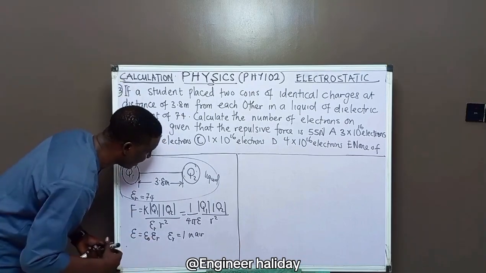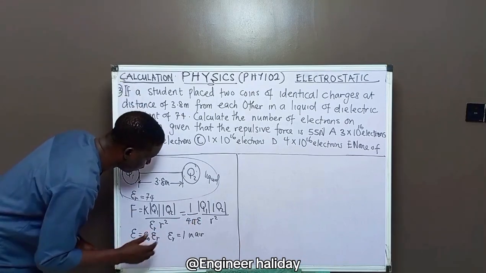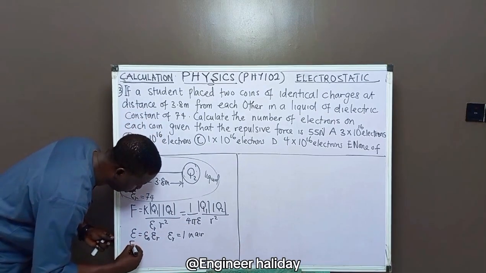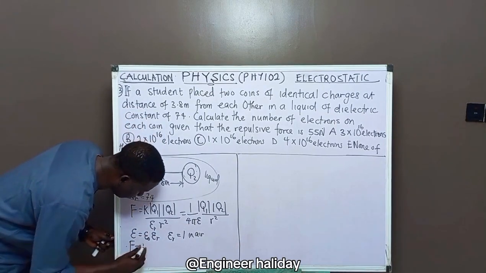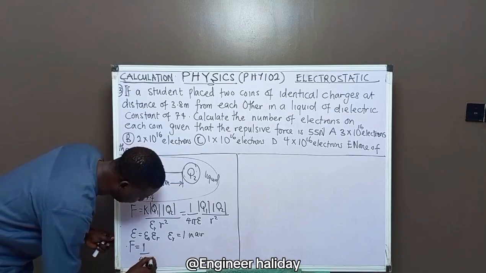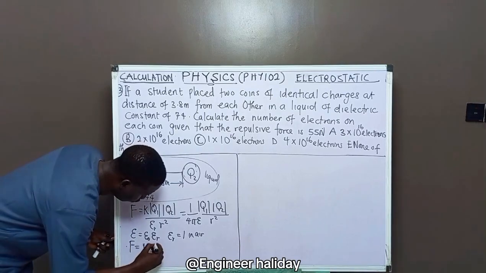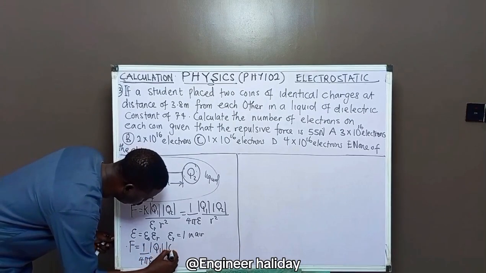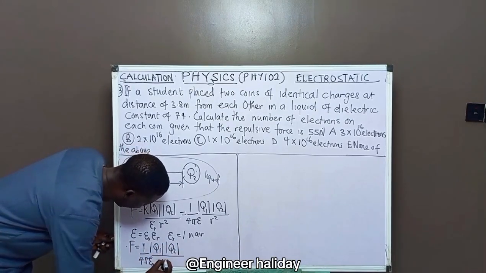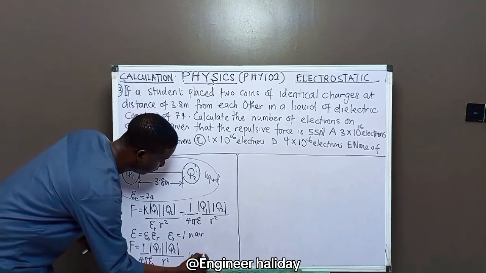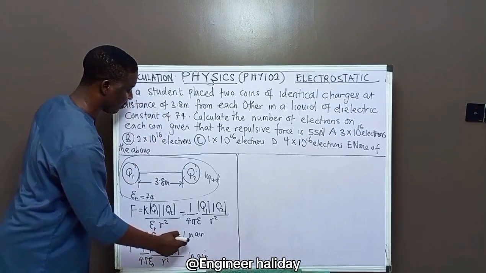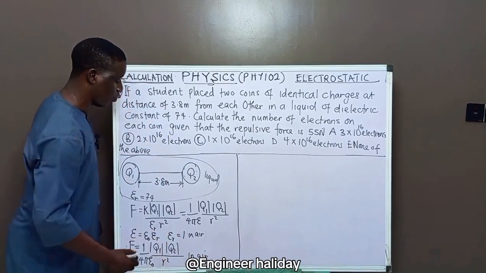So that's why this formula in air becomes F equals K, 1 over 4 pi permittivity, Q1 absolute Q2 absolute over R squared. That is in air.